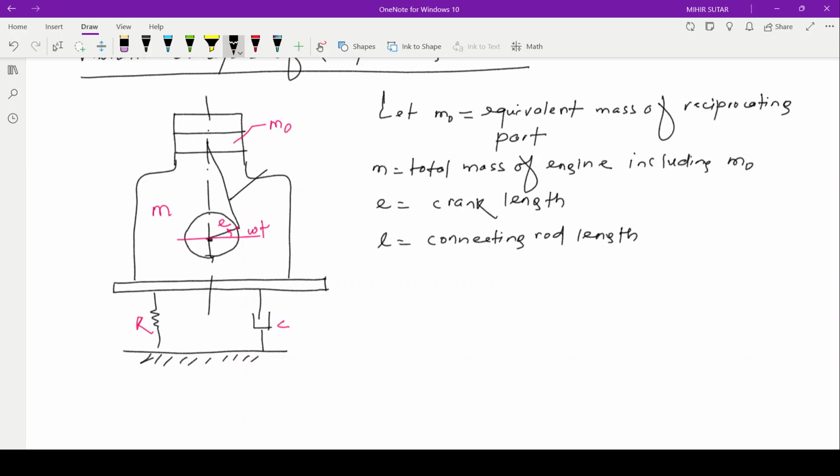So this one is your connecting rod and this one is your crank.